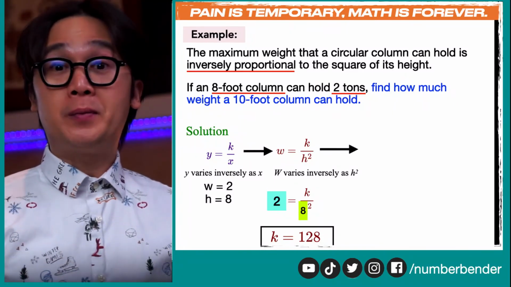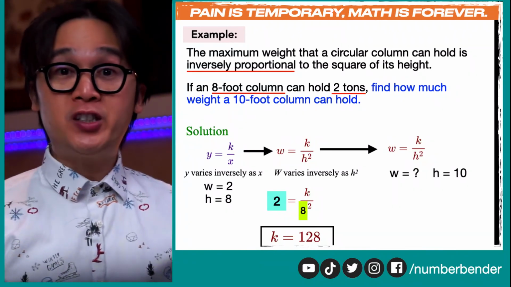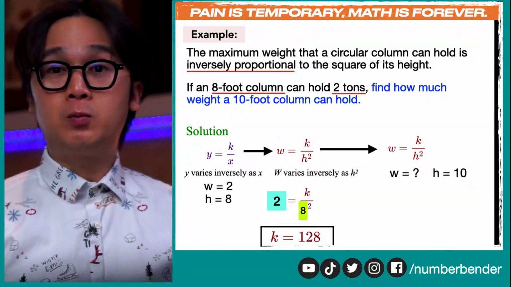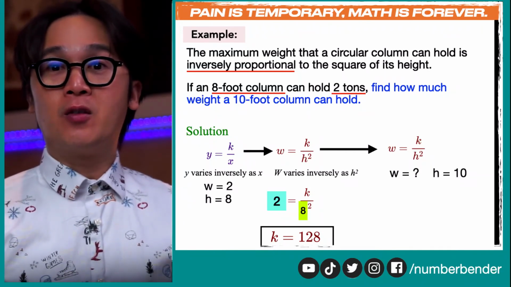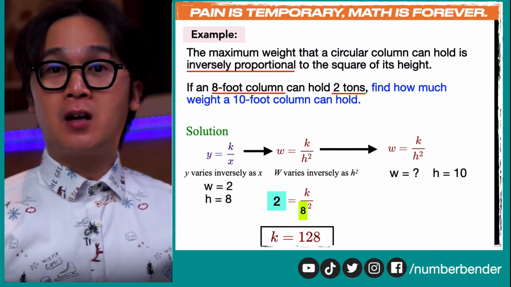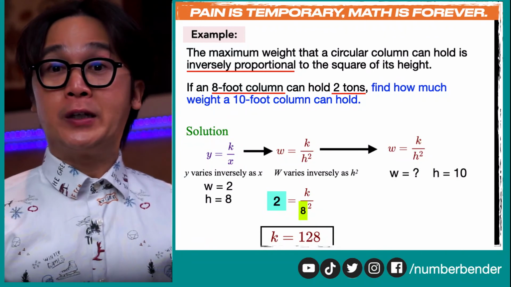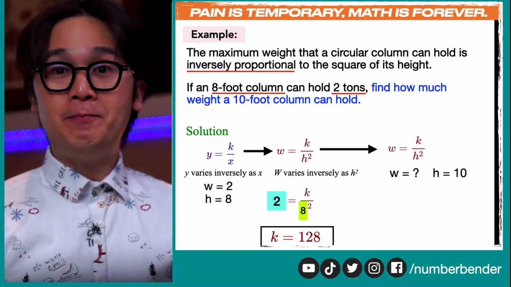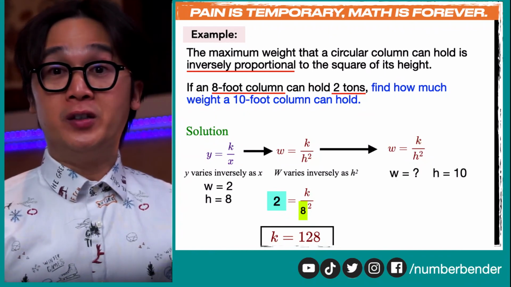So we're going to be using the same formula that we were able to establish from the first part of our word problem, which is W is equal to k all over h squared. And now that we're looking for how much weight a 10-foot column can hold, that means in this particular formula, we're using our height as 10, and we're going to be working for the value of our W.